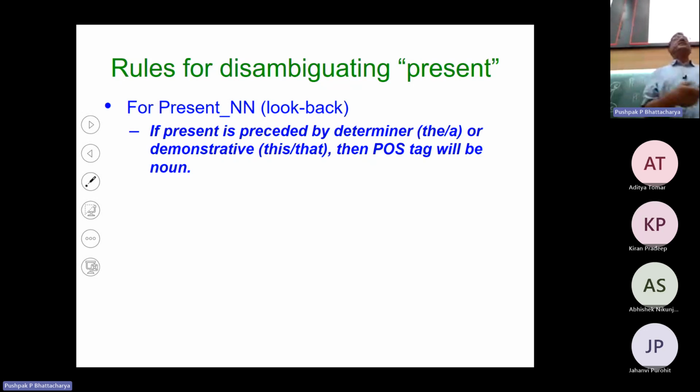So we have been able to immediately find these false positives. By this rule, in the present generation is very tech savvy, present will be tagged as noun. False positive, I have committed an error. And these present interesting cases: false positive or false negative? Again, false positive, wrongly tagged as noun.